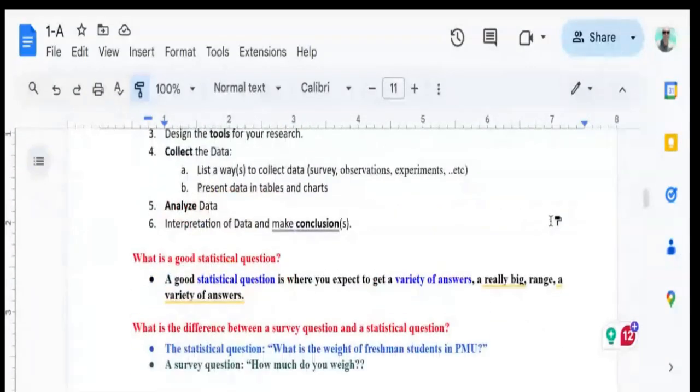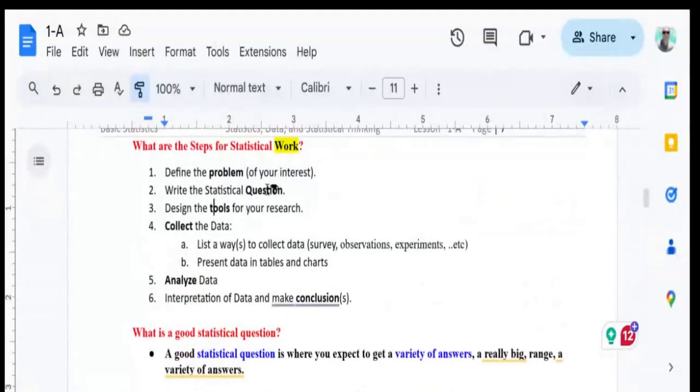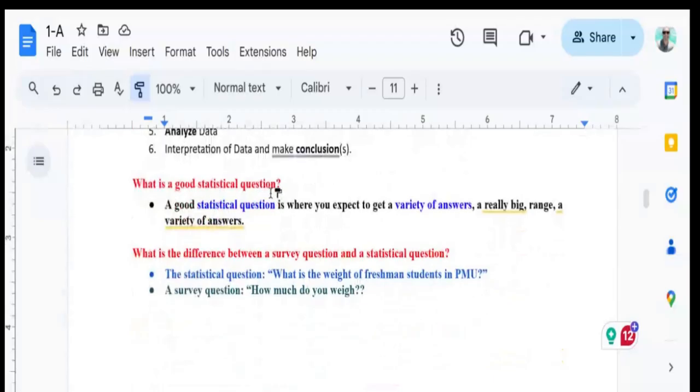What is a good statistical question here? You remember that I wrote this question? How can you know if the question is good for statistics? A good statistical question is where you expect to get a variety of answers, a really big range of many answers.